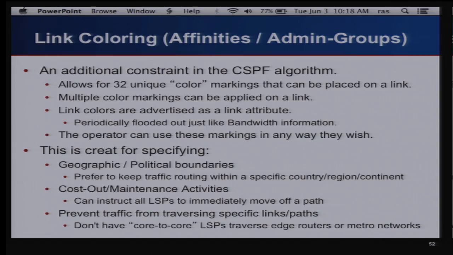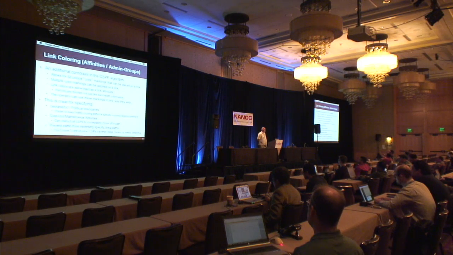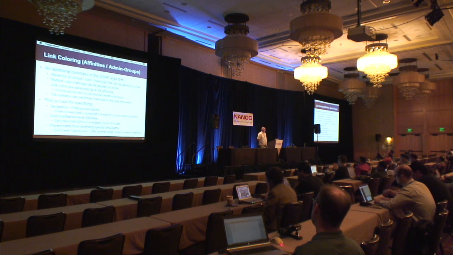You can use it to move all LSPs immediately off of certain paths or certain types of devices. You can do things like, for example, don't allow your core-to-core LSPs to go through your metro network, which it might find as available bandwidth. So any type of constraint that lies outside of bandwidth, you can use this for.